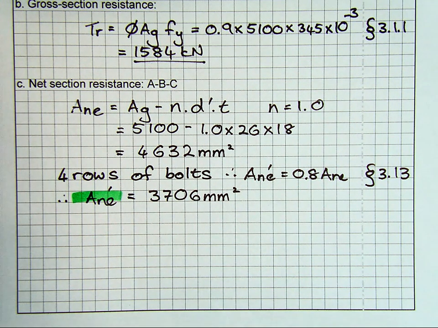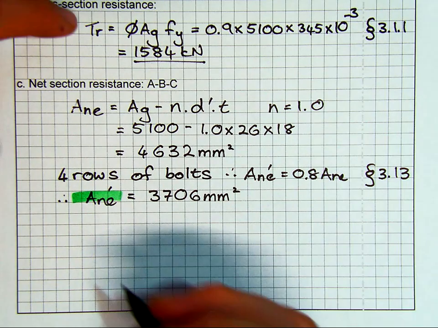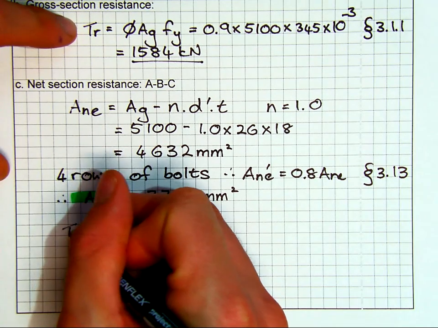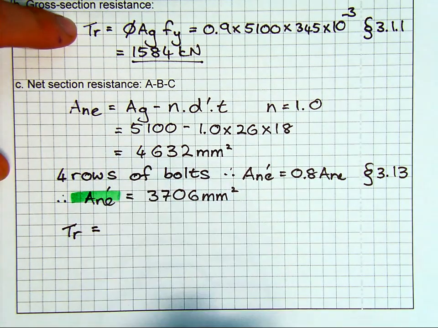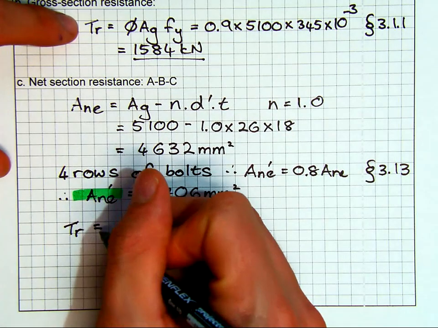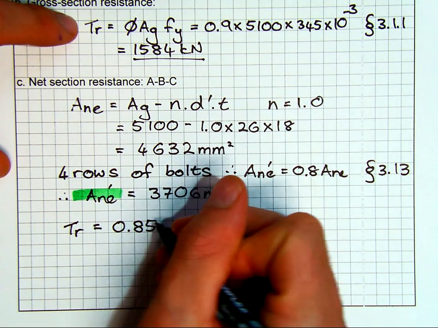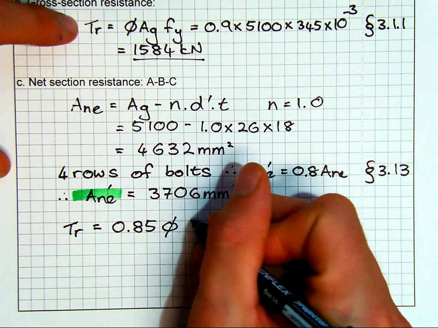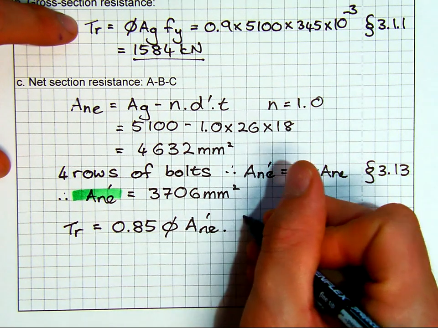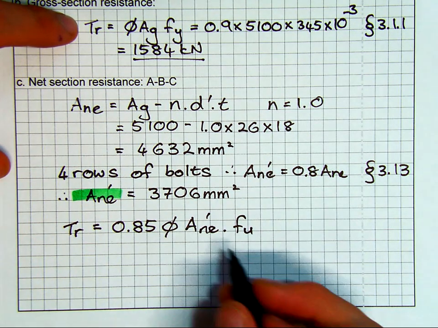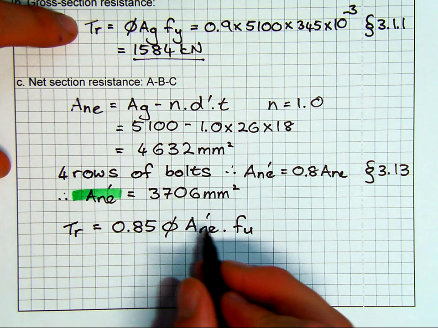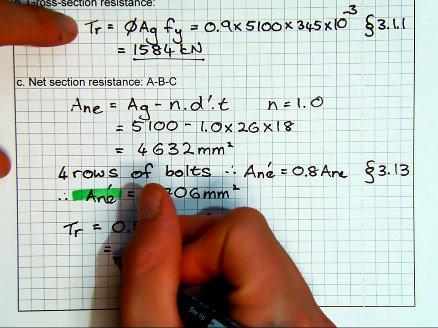Now we can calculate our tensile resistance of the section. Our tensile resistance is simply 0.85 phi A_NE times the ultimate stress. Remember, we're dealing once again with fracture and net areas, so the ultimate stress, not the yield stress.